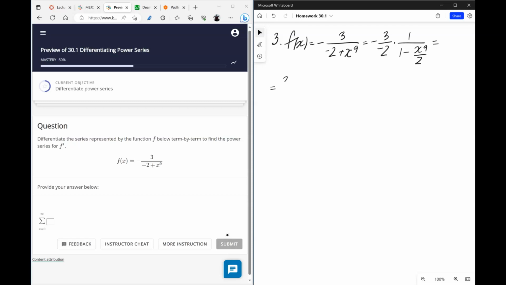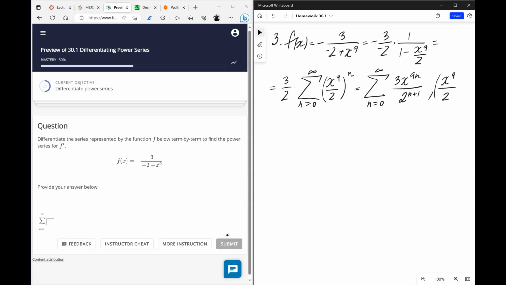This is equal to 3/2 times the sum of x to the 9 over 2 to the power n, and n goes from 0 to infinity. And simplifying this, we get 3x to the power 9n over 2 to the power n plus 1, and this only holds when x to the 9 over 2 is less than 1.